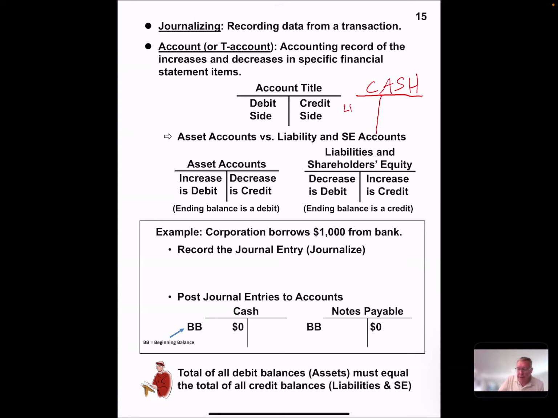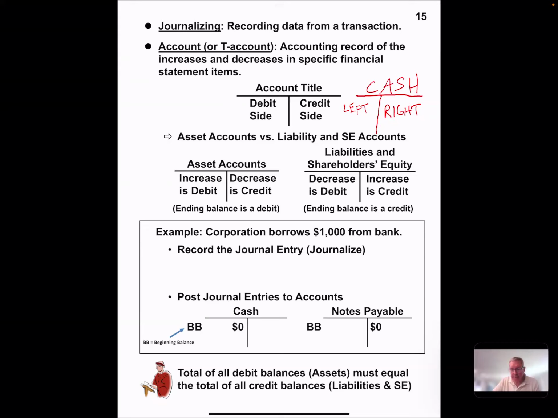Here's the left side of the account. Here's the right side of the account. So left and right. In accounting language, we call that debit and credit. So that is all those two terms mean. Debit refers to the left side of an account. Credit refers to the right side of an account.